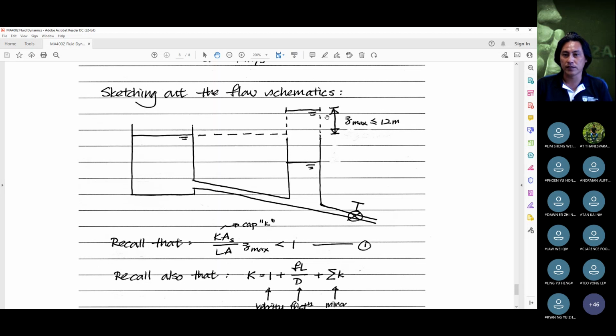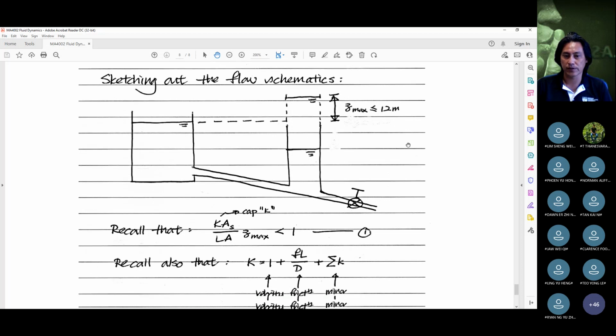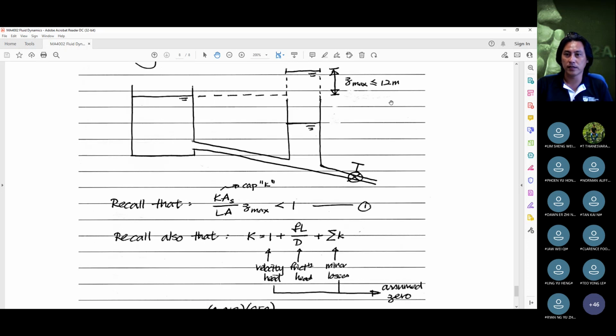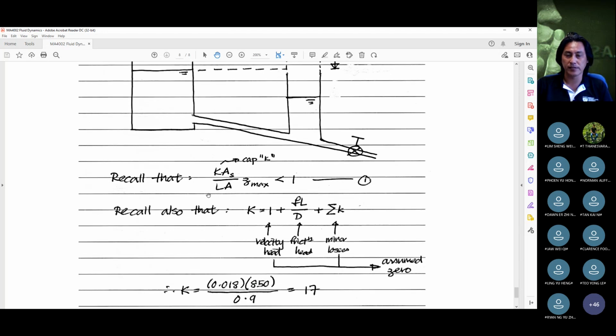Okay. Now, this is the requirement that we're facing. Z max must be less than or equal to 12 meters. Now, for the first estimate once again, you can make use of this. Because this 12 meters is the max, that means K A_s divided by L A times Z max must be less than or equal to 1 at maximum. So that means we can use this expression to find out the diameter of the surge tank, and basically that depends on us finding the value of A_s.